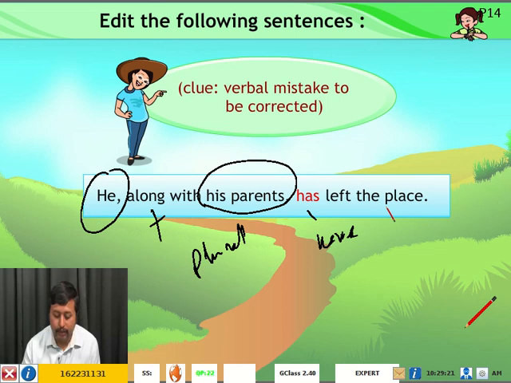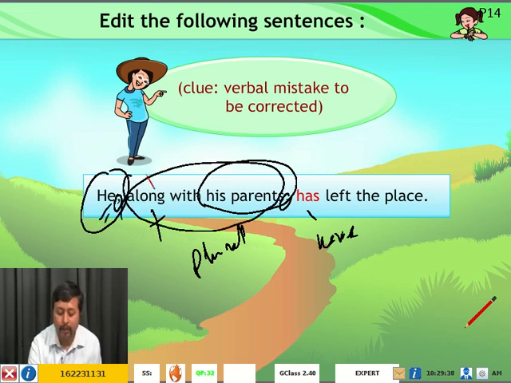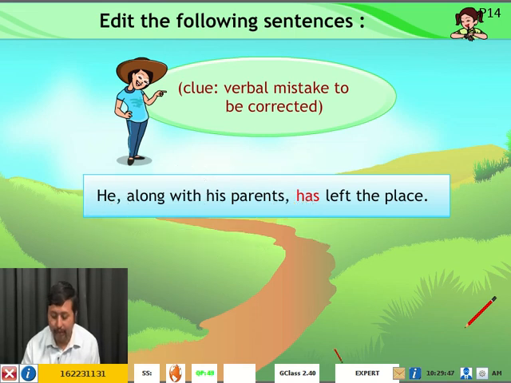This is because, when we use he and after that we have a phrase within commas, this portion is not counted. This is your subject and this is the verb. Since this is third person singular, we are not writing have, we will write has. So remember this format: the phrase within commas after the subject won't be a part of your subject.